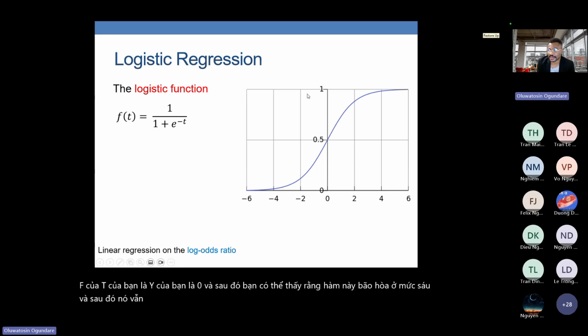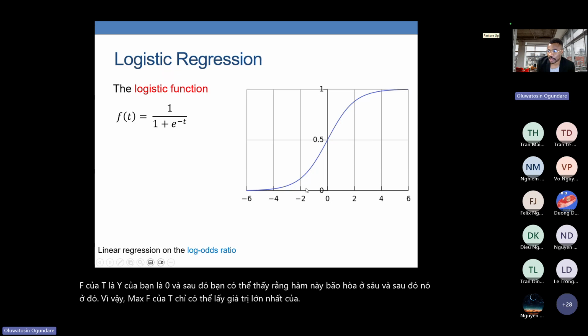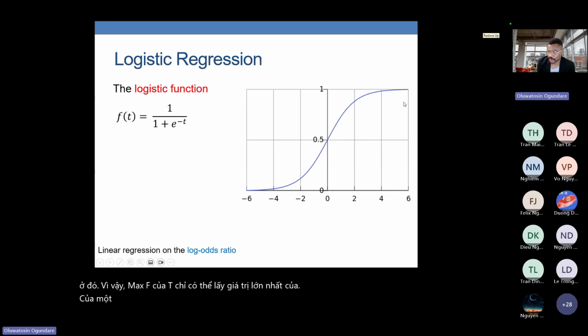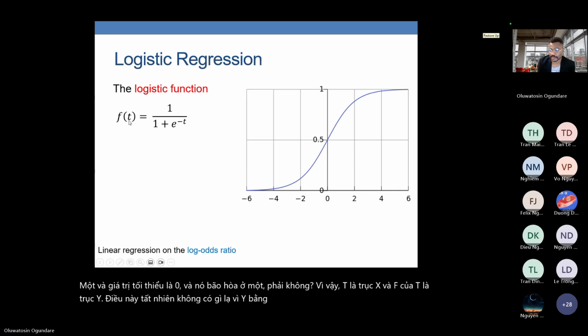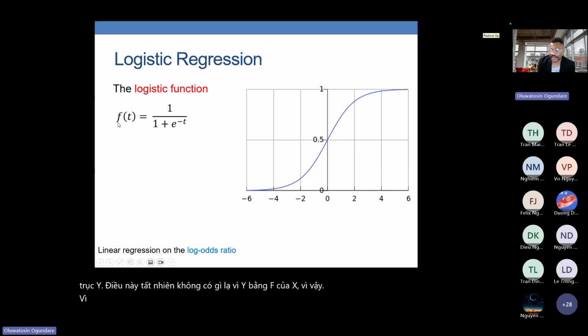So f of t can only take a maximum value of 1 and a minimum value of 0, and it saturates at 1, right? So t is the x-axis and f of t is the y-axis. This is not strange because y is equal to f of x. Since t is equal to x, f of x or f of t is our y. So this makes sense, and this is the point of the logistic function.